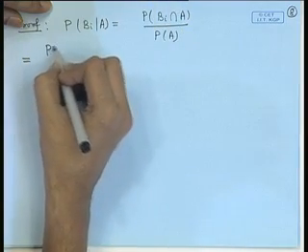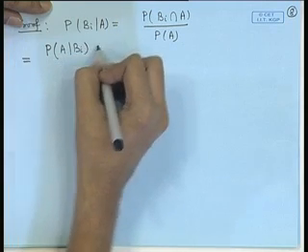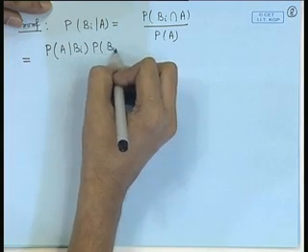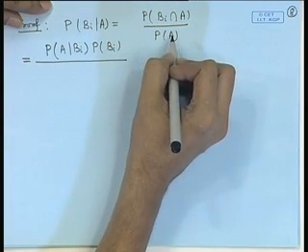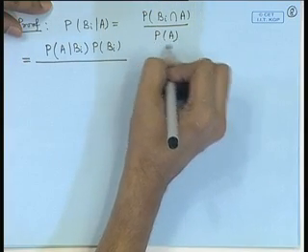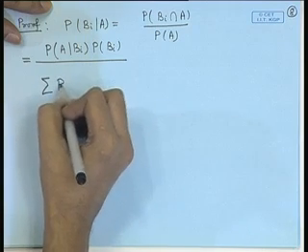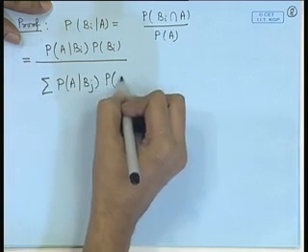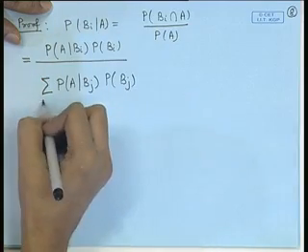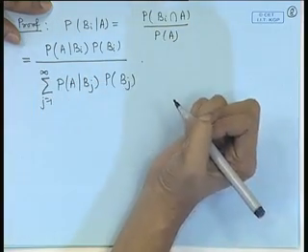So, this becomes probability of A given Bi into probability of Bi. In the denominator you have probability of A. Applying the theorem of total probability, we can write it as sigma probability of A given Bj into probability of Bj, j equal to 1 to infinity, which proves the statement of the Bayes theorem.